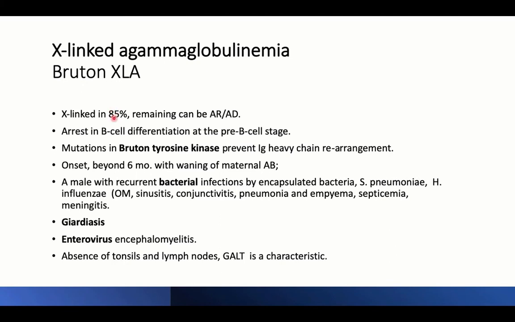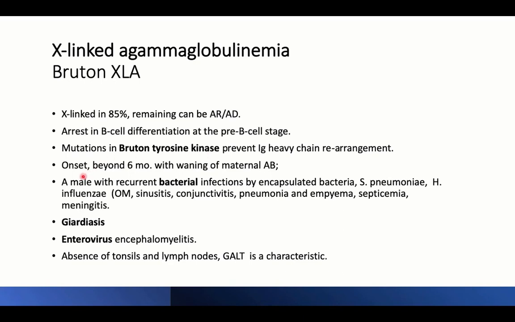In 85% of cases, it has an X-linked pattern of inheritance presenting in males early in life. But the remaining 15% of these cases can be autosomal recessive or autosomal dominant and present in females also. Here we have a genetic mutation in a gene called Bruton tyrosine kinase, which will cause arrest of B cell proliferation.